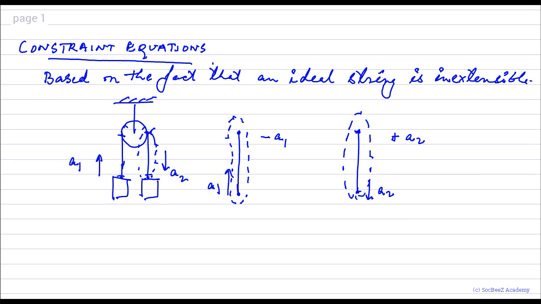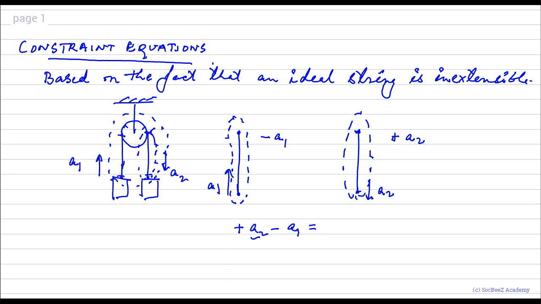Now this whole string, if taken all together, is neither extending nor shortening. So I will write down plus a2 minus a1 for this whole string: plus a2 for one segment of the string which is trying to elongate itself, and minus a1 for the other segment which is trying to shorten itself.